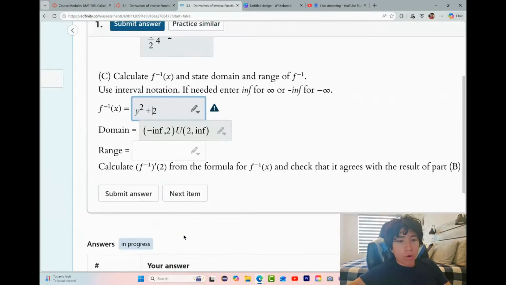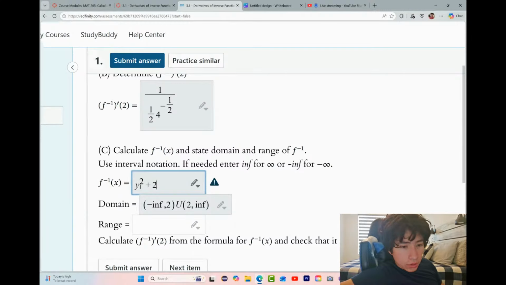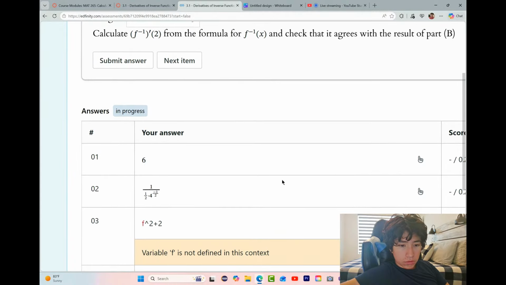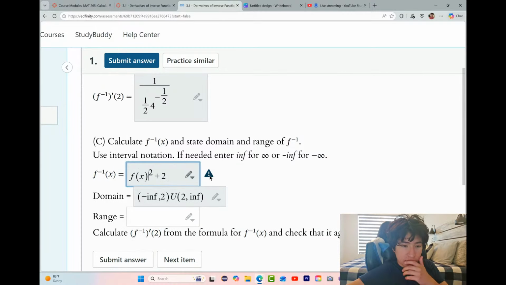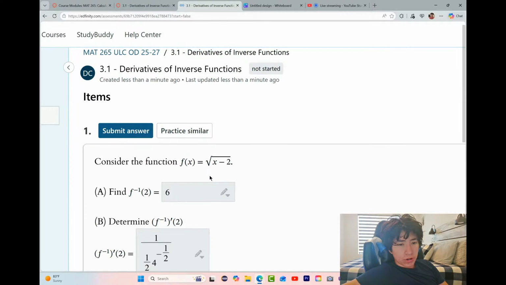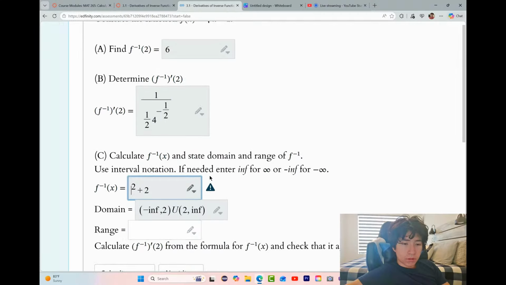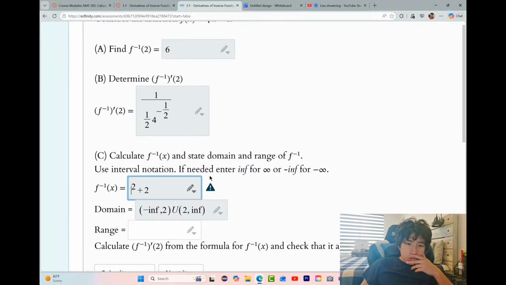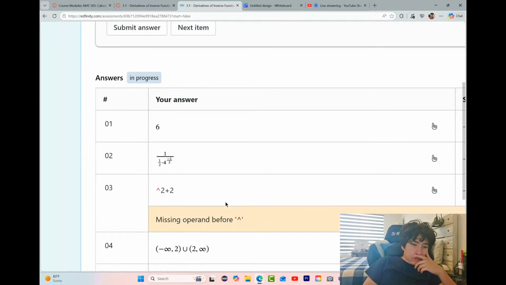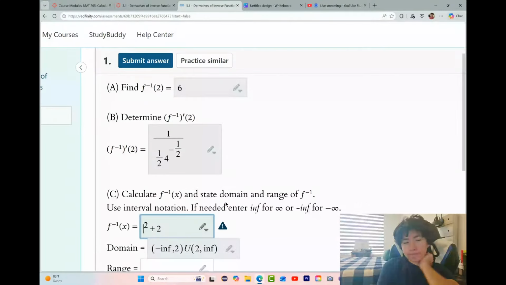Why is y not defined? Oh, it's like the output over here. So y is not defined.